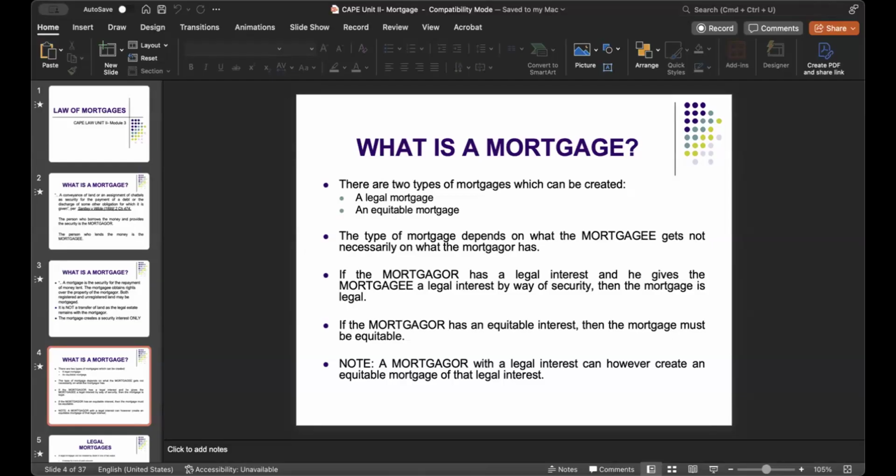So I'm saying, I read this and I said, if the mortgagor has a legal interest and he gives the mortgagee a legal interest by way of security, then the mortgage is a legal mortgage. Explain to us again, what is a legal mortgage? What exactly is being given to the mortgagee as a legal interest?